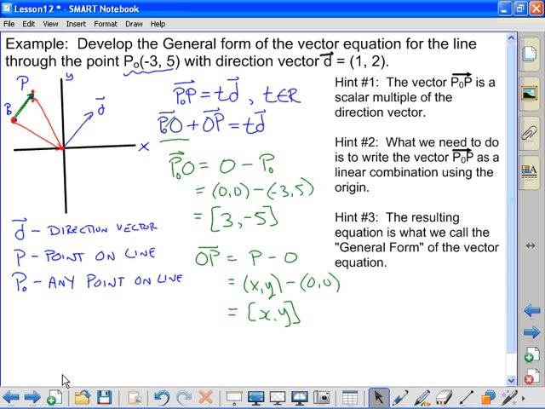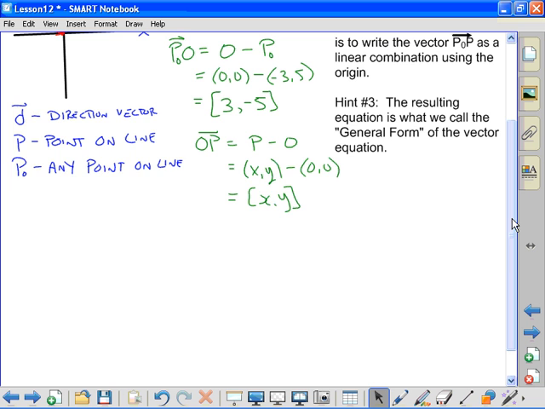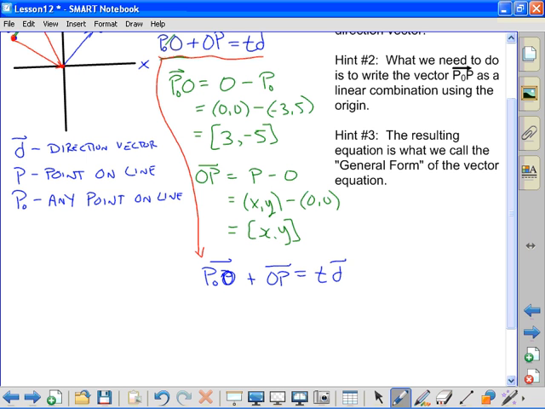All right. So from that, I'm going to take that equation from up above. If you have room, I'm just going to start working down here with our information. So I'm just going to rewrite it. So P naught O plus the vector OP equals t times the direction vector. I now know that P naught O is the vector 3, -5 plus vector OP is just x, y.